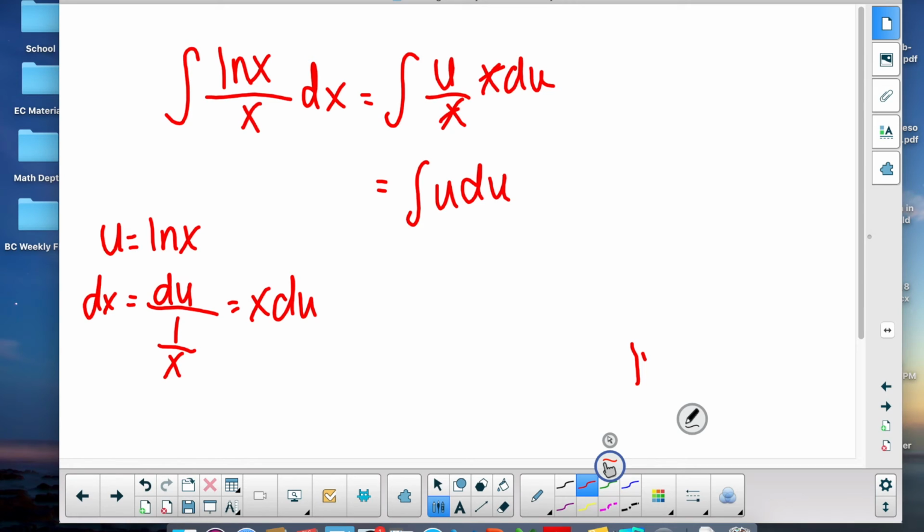Can I integrate him? He's easy, right? What's his integral? He's a power function, isn't he? A number times a variable, technically raised to a numerical exponent. So u squared over 2 plus c.